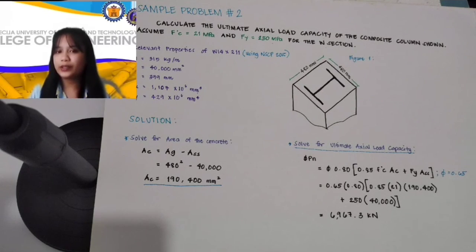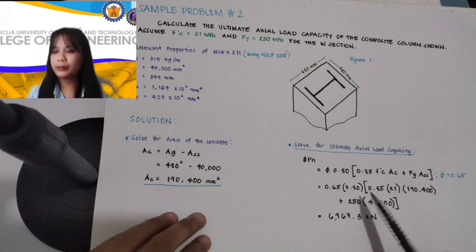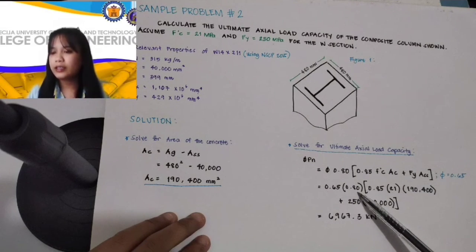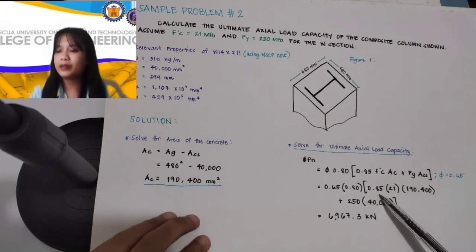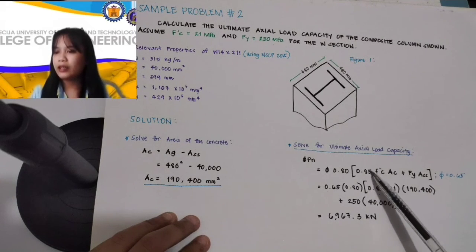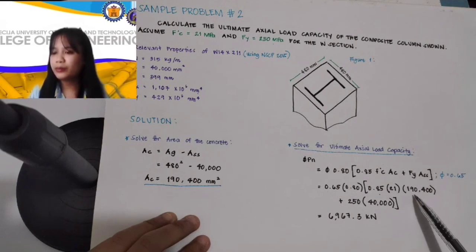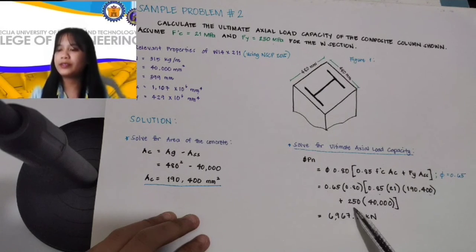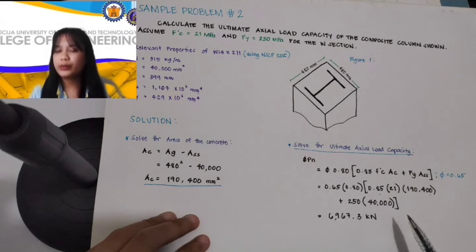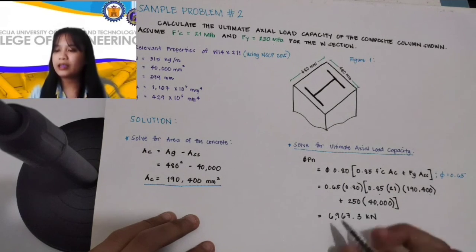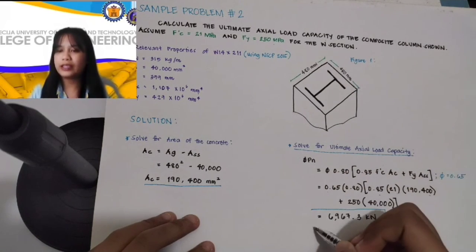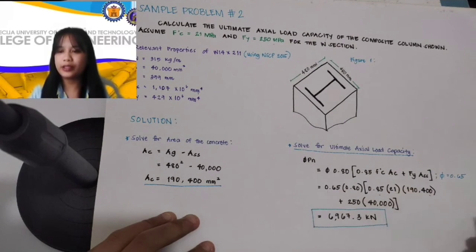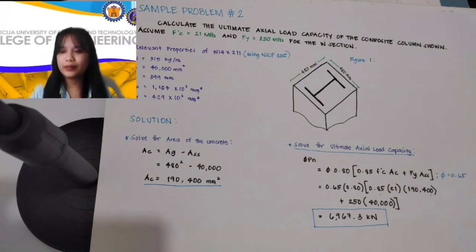The resistance factor is 0.65 multiplied by 0.80 times 0.85 times 21, which is the compressive strength, times 190,400 plus 250 times 40,000. So we will have the ultimate axial load capacity of 6,967.3 kilonewton. So that concludes problem number 2.